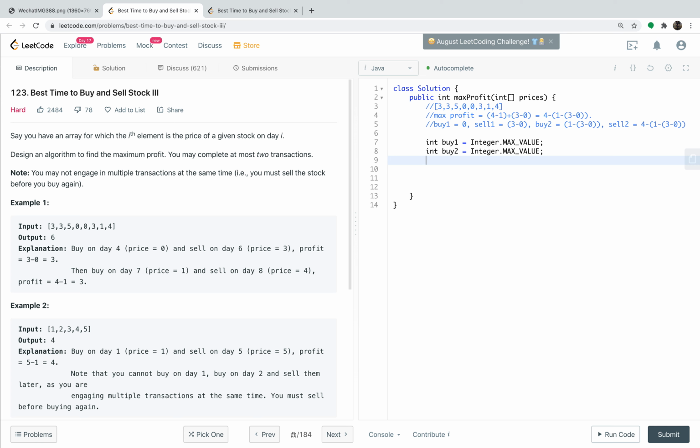So we set the maximum value so that we can find the minimum number in the for loop. And we set sell1 as 0 and sell2 as 0. So we do a for loop for the prices array.